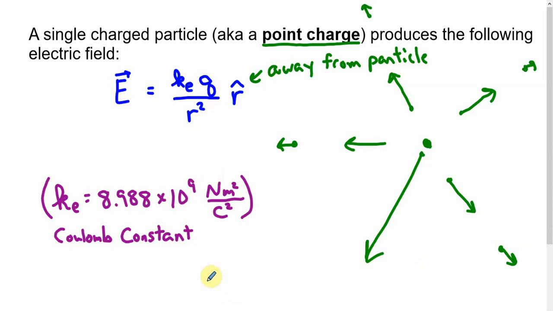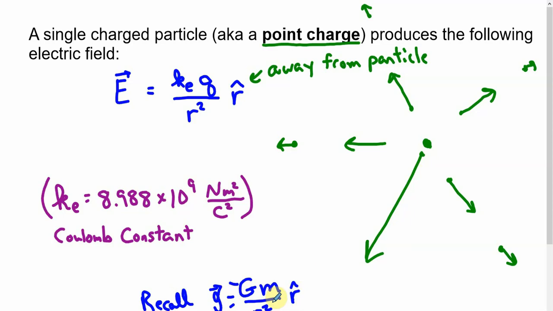In fact, the formula for gravity, if you recall, the gravitational field created by an object with mass was a constant, big G, times the mass divided by r squared, and then r hat. Actually, in that case it was toward, so it would be negative r hat. They were all going toward, right?